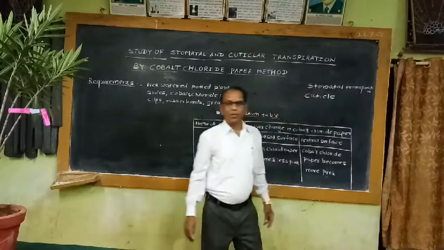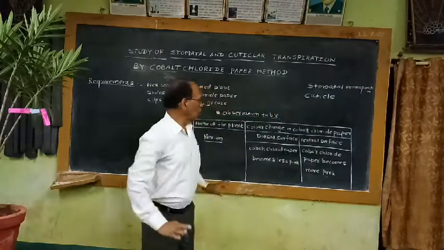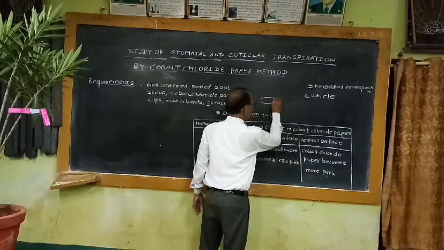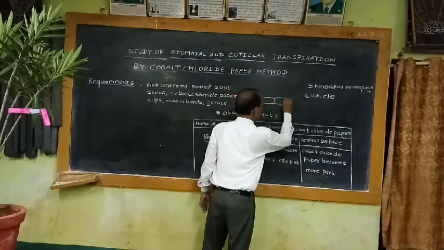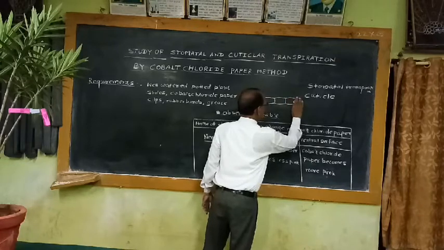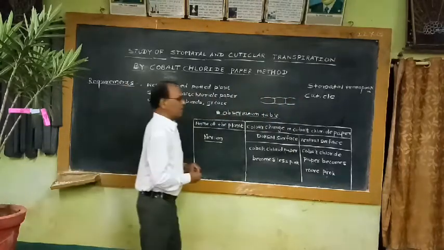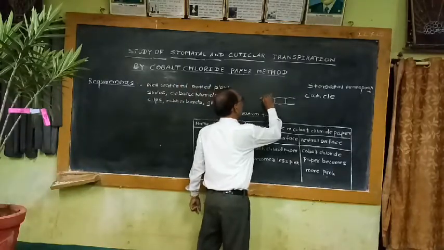Removal of water from the cuticle. The cuticle is the additional layer of fatty substance, cutin. For example, this is the epidermis. On the outer wall of this epidermis, there is an additional layer of fatty substance known as cuticle.